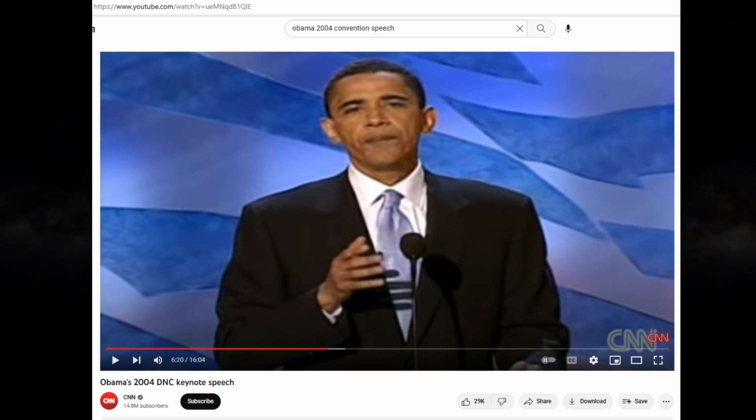The speech was praised for its message of unity and inclusiveness. It not only captivated the audience, but also catapulted him to national prominence. With his impeccable oratory skills and message of hope, that speech marked the beginning of Obama's meteoric rise in American politics that would eventually lead him to become the first African American president of the United States.